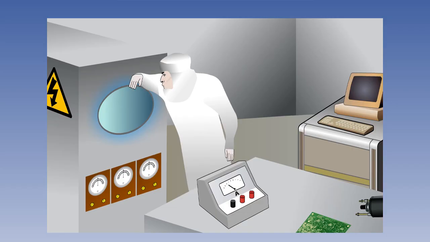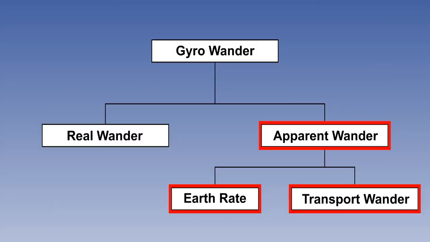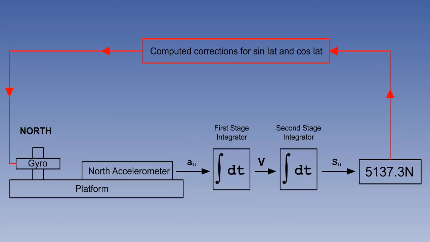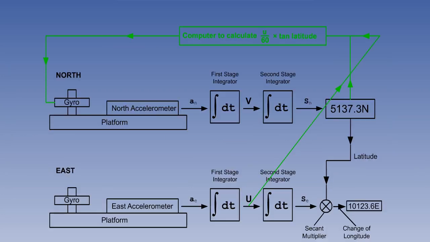Modern, expensive manufacturing techniques have made real wander so low that the gyros can be regarded as almost perfect. However, that still leaves apparent wander. Earth rate is corrected by calculating the sine and cosine of latitude and using them to precess the gyros. The horizontal component of transport wander, or meridian convergence, is also corrected by calculation.